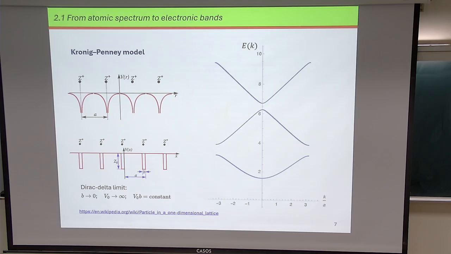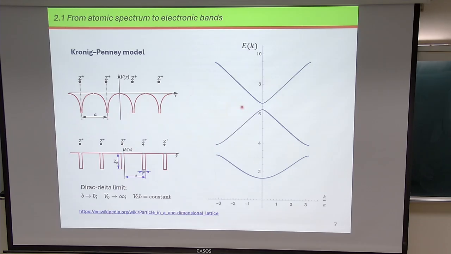In this model, what you have is essentially a 1D model. At the position of the atom, you have this big potential, this quantum well, if you like. To make things easy to work with, you take the limit in which these potentials are like delta functions, and you can calculate this analytically, and you get a transcendental equation with tangents and cotangents, sines, and you can solve it, and this is what you get here.